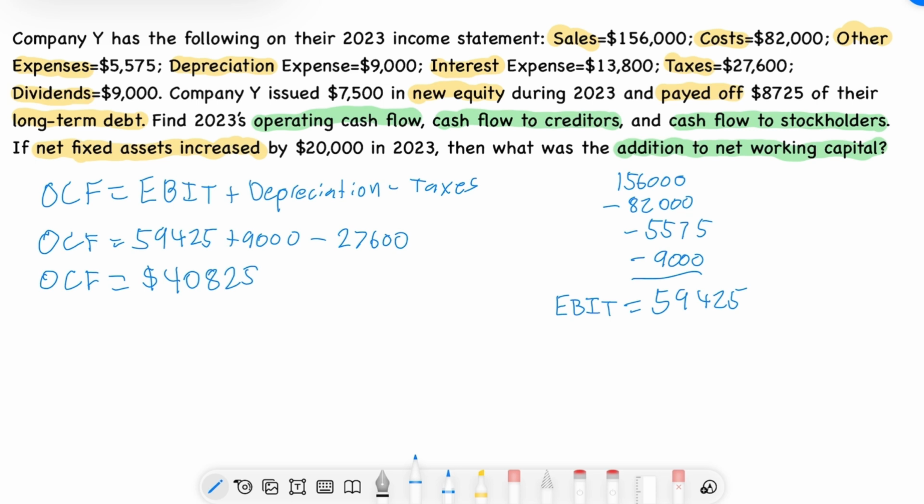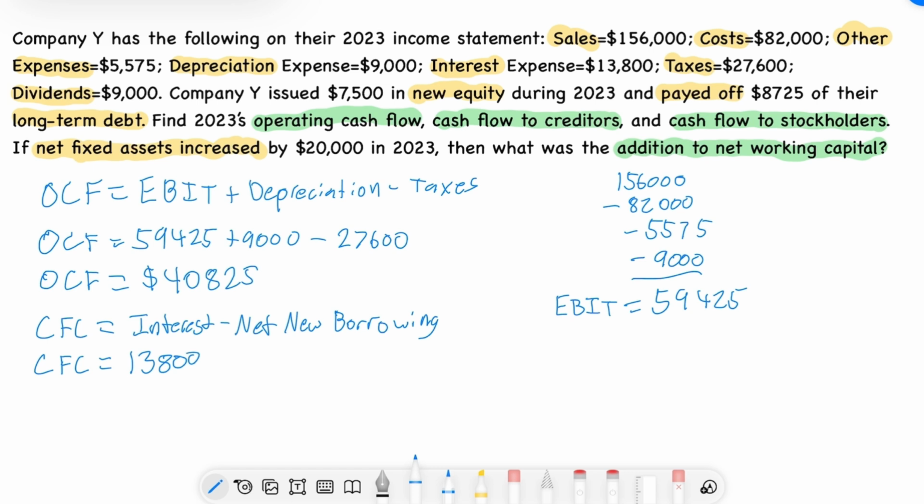We'll next move on to cash flow to creditors. Pretty simple equation for this. We've got our cash flow to creditors equals interest minus net new borrowing. Now, in this case, we paid $13,800 in interest, and we didn't borrow any new money.